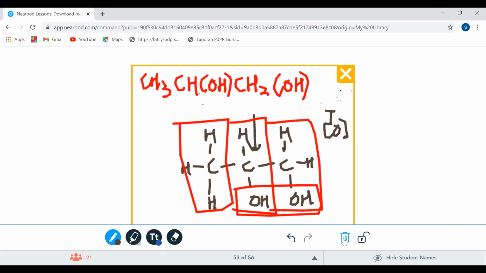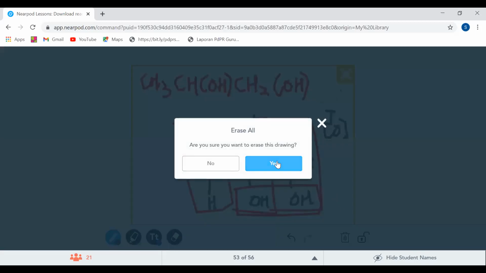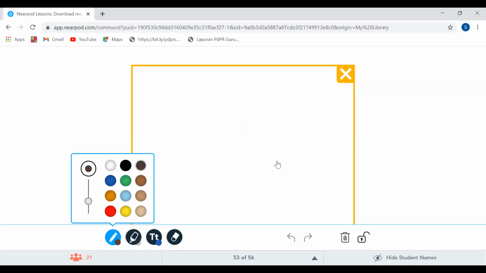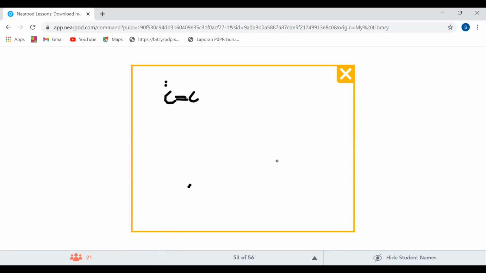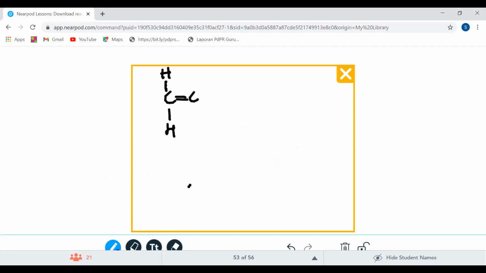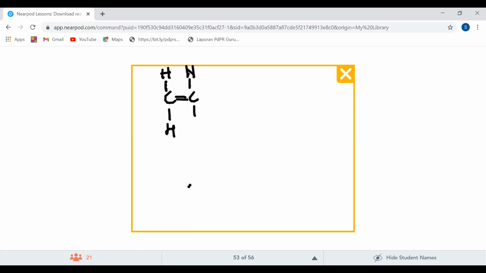Okay, so what I wanted to do is look at what teacher is doing on my screen here. This is the last bit. It's a bit hard to understand, I will tell you that for sure. Teacher is using ethene. Tell me, is this a monomer or a polymer? Monomer.